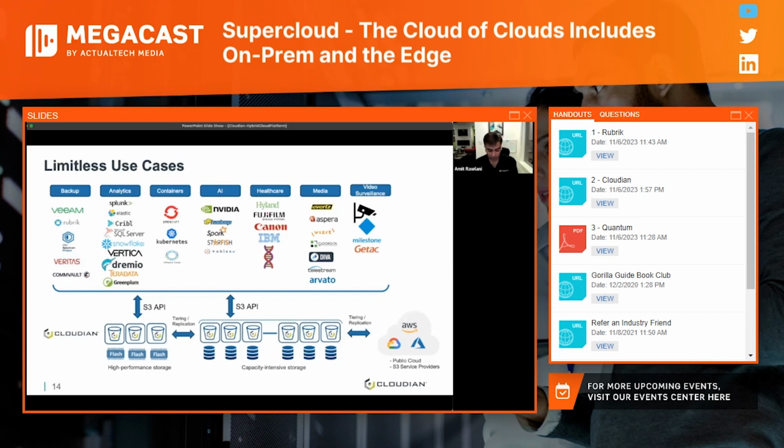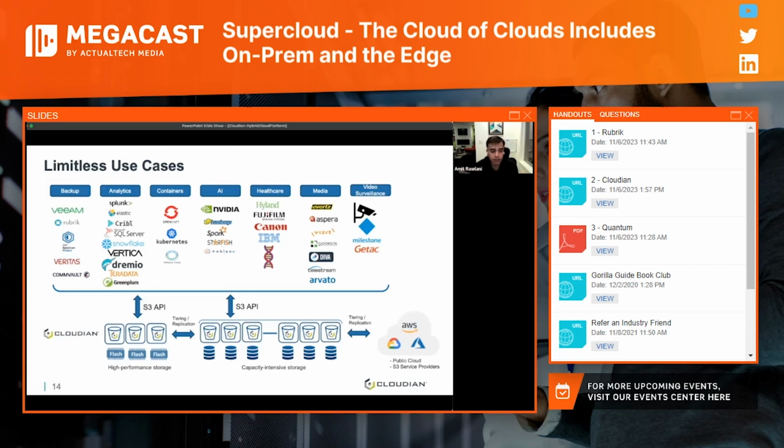We are the storage tier for a bunch of AI related applications. Healthcare is clear. It's regulated in most respects, the kind of data that you would store in healthcare. And we work with a bunch of health related applications. And then on the media side, we have some of the biggest customers in the media space and video surveillance as well, right?